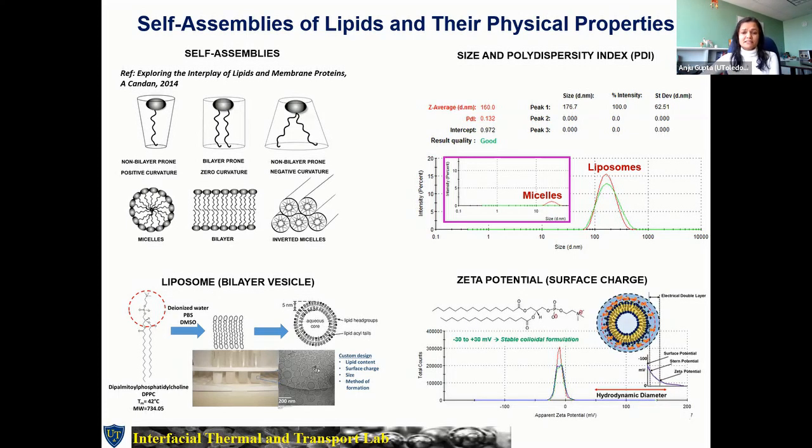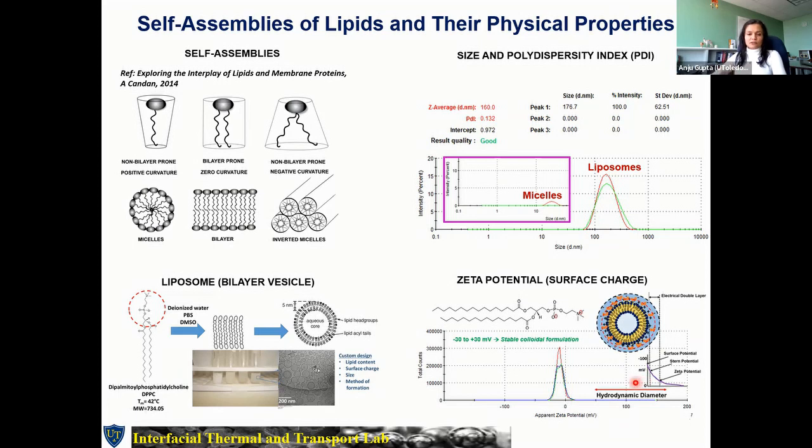In the bottom is the raw data of zeta potential. The x-axis is the apparent zeta potential. So you see a peak around 0, and that's because this sample is DPPC liposomes, and I mentioned DPPC are zwitterionic. They have a net neutral charge, and so you end up seeing a single peak around 0.